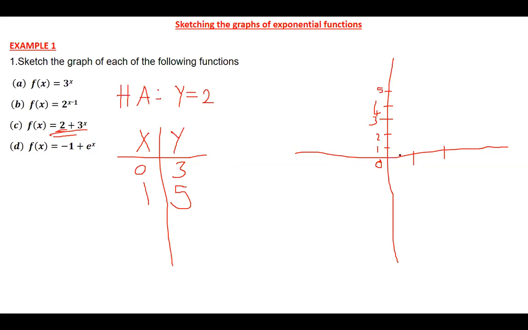Then from there, we can start plugging in the values. Let me also put 6. So we have the point 0, 3 there.